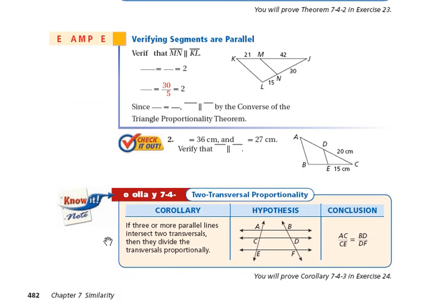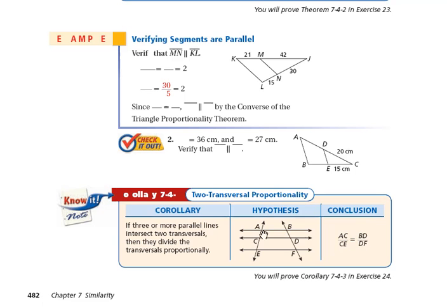Then we have a corollary that follows, the Two-Transversal Proportionality Corollary. It says if 3 or more parallel lines intersect two transversals, then they divide up the transversals proportionally. So this is just kind of an extension from that theorem that we started with.